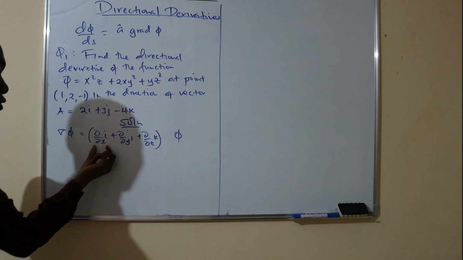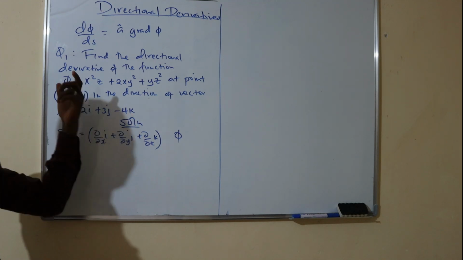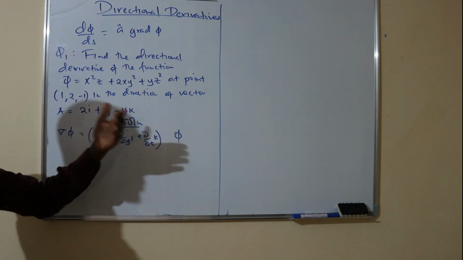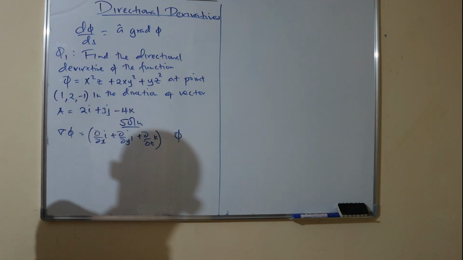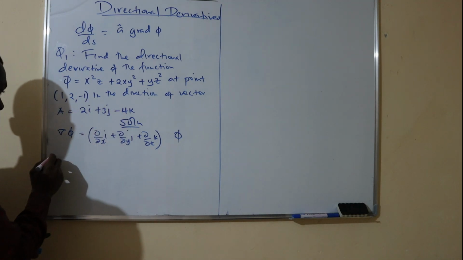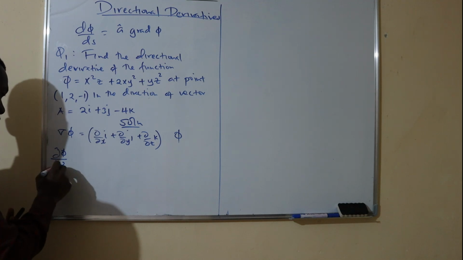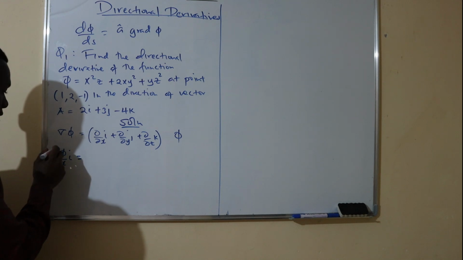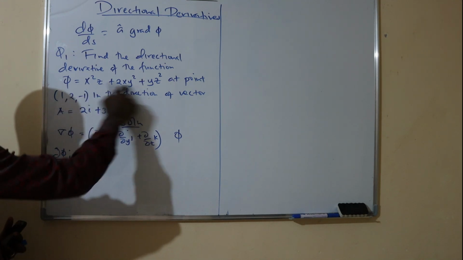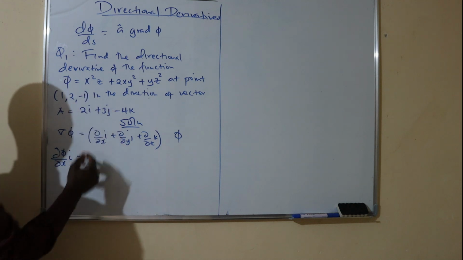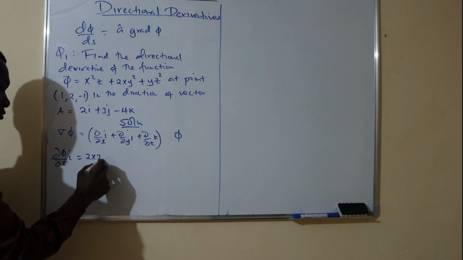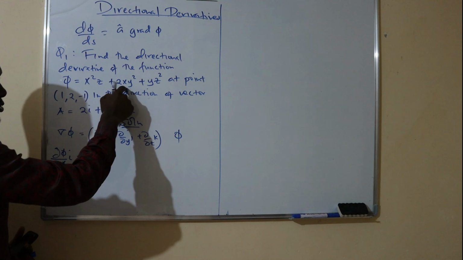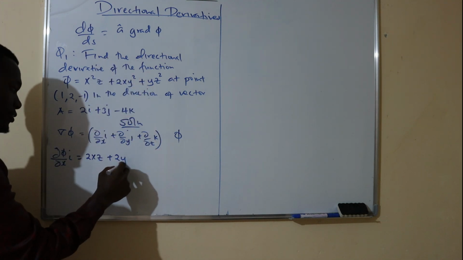We differentiate the function first with respect to x, then put i, with respect to y you put j, and with respect to z you put k. So we start with the partial derivative d phi dx, then i. When you differentiate this function with respect to x, we have an x here, so we get 2x z. We also have an x here, so the x goes and you remain with 2y squared.